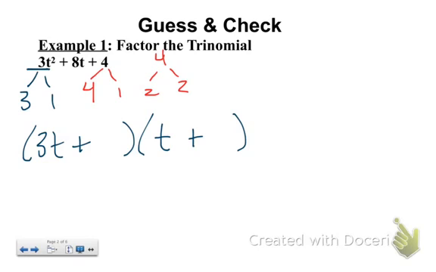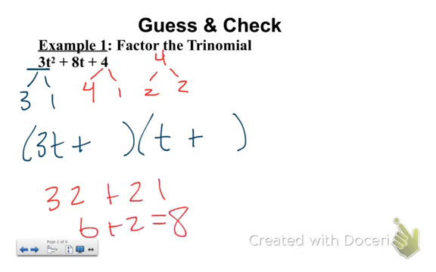So since 2 and 2 aren't different, let's see, 3 times 2 plus 2 times 1, 3 times 2 is 6, plus 2 is 8. So that is going to be it, actually. If I had guessed wrong on the first try, I could do 3 times 4 plus 1 times 1.